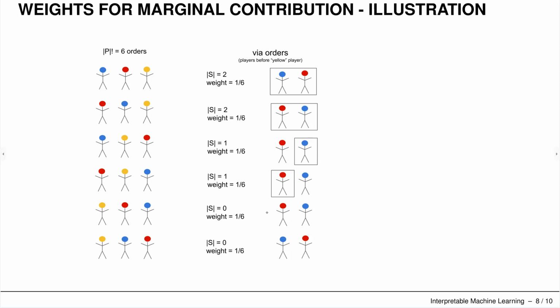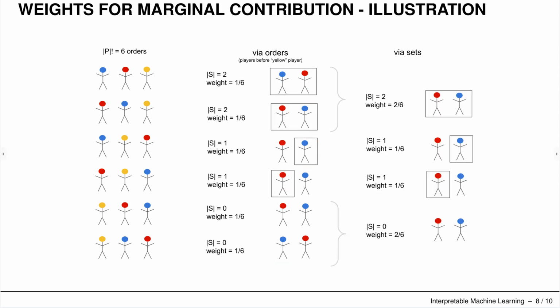So you start with the blue and the red, and you add the yellow, or you start with the red and then the blue and then you add the yellow, and so on. For the sets with only 1 player, it's easy, you don't have different orders, and for the empty set you also have 2 possible orders. So you can start with the red or with the blue one.